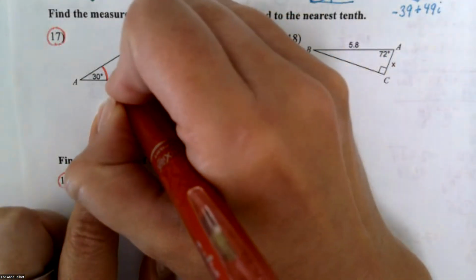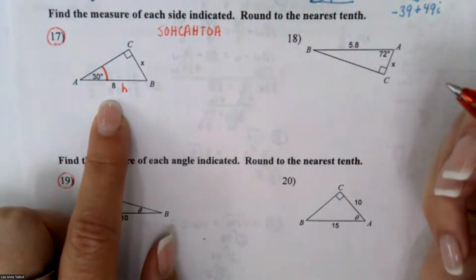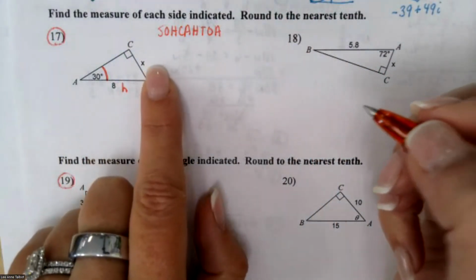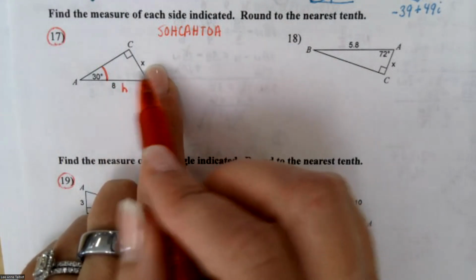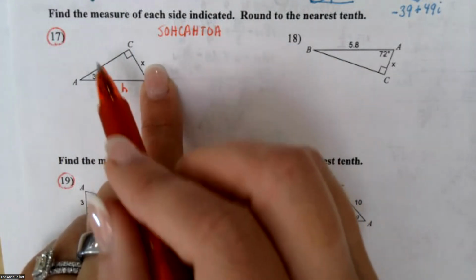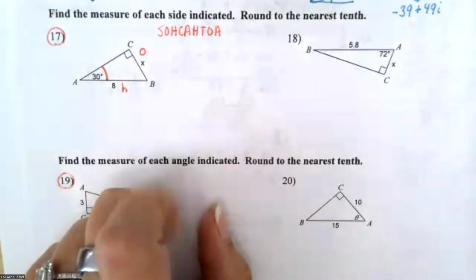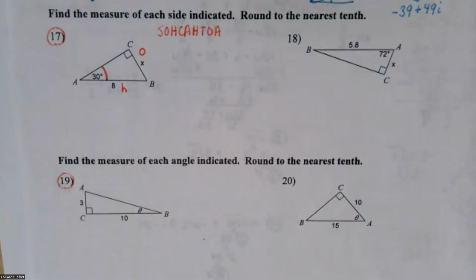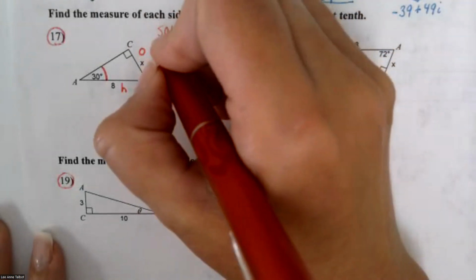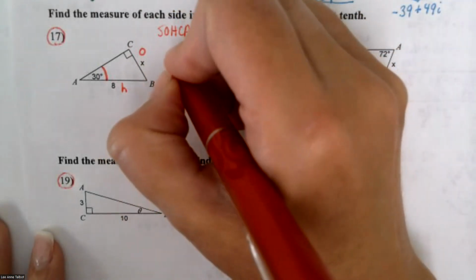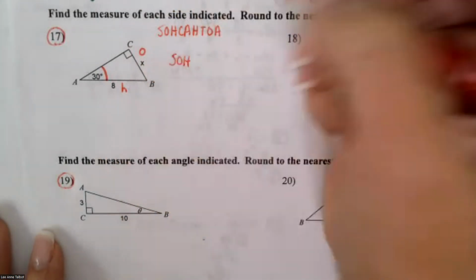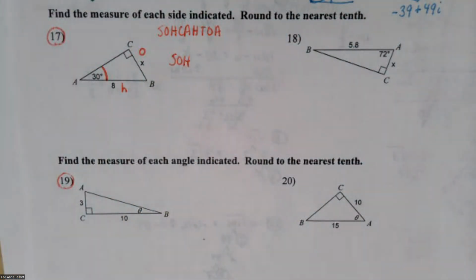So on the 8, I'm going to put an H. And then you say to yourself, is X across from the 30 or is it next to the 30? And it's across from the 30, so that's opposite. Okay, opposite and hypotenuse is sine. So it's the SOH part of SOHCAHTOA.